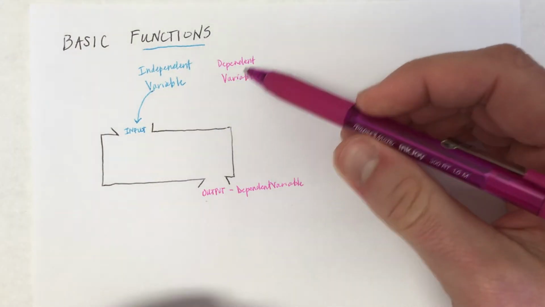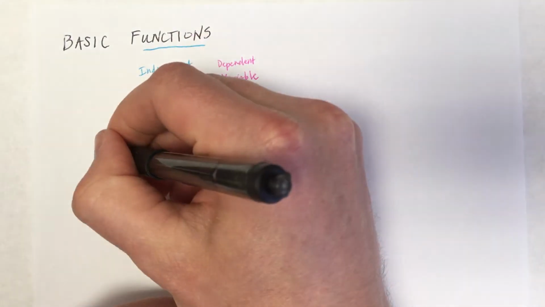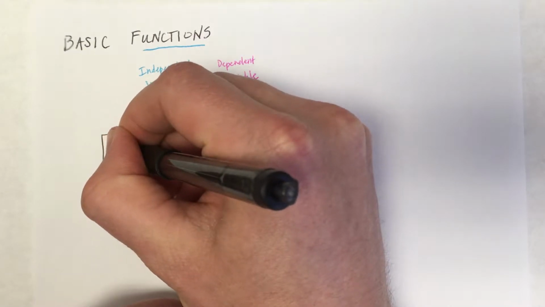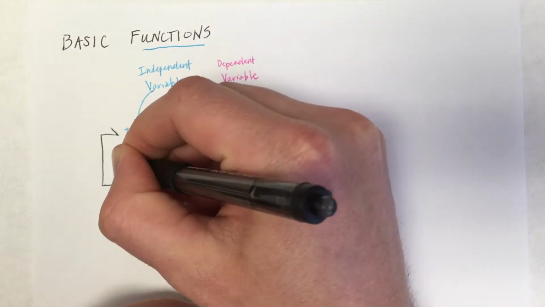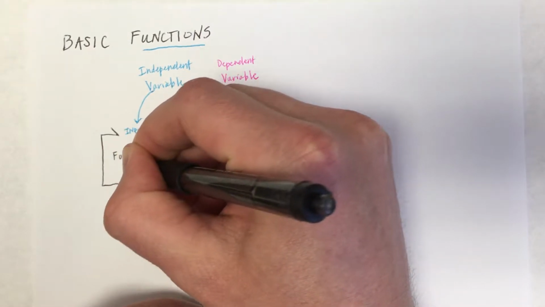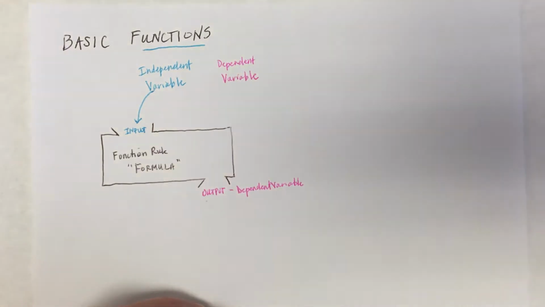This stems from when you have some sort of equation, and then there's some sort of function rule, which we oftentimes think of as your formula. And so when we start talking about functions, we'll describe what basic formulas there could be.